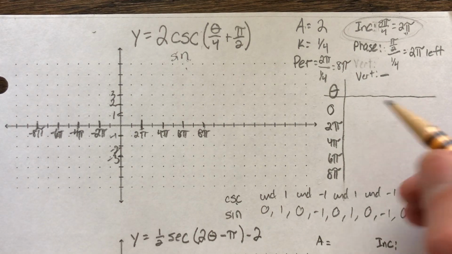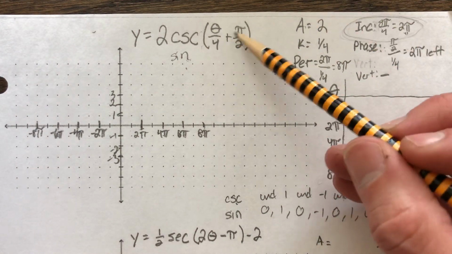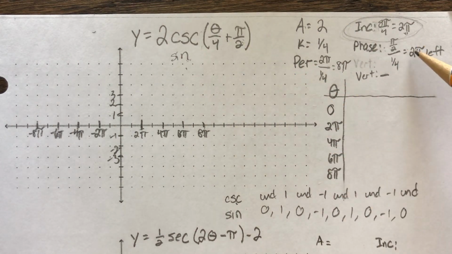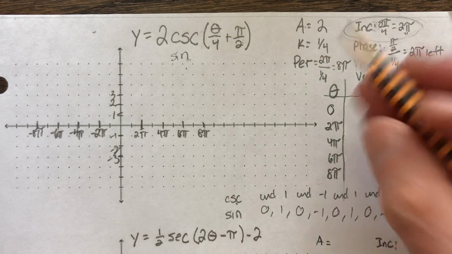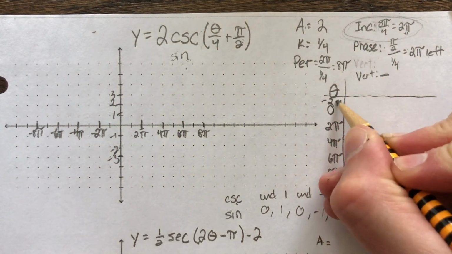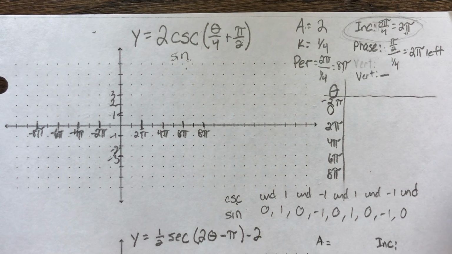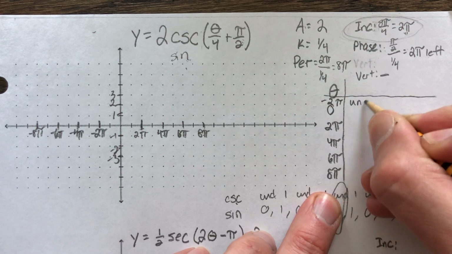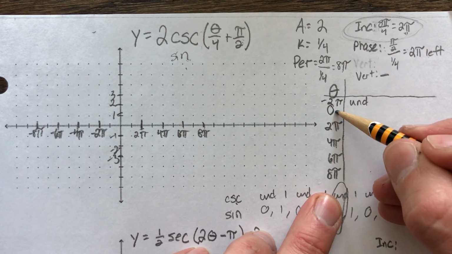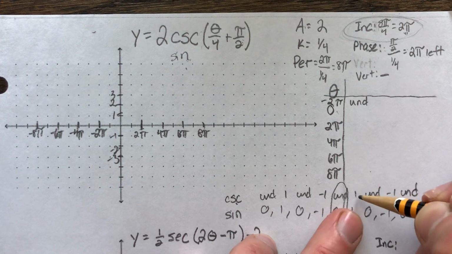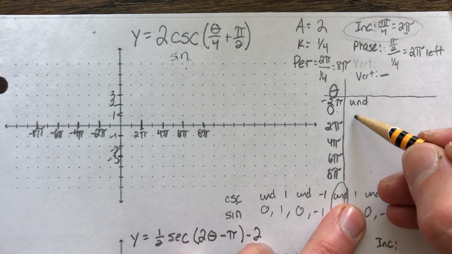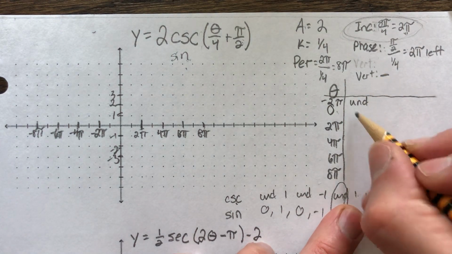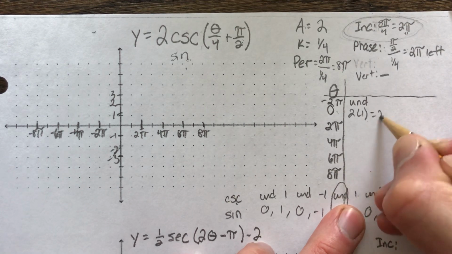Okay, so now you're plugging in our phase shift. We're going left 2 pi, so -2 pi should be our first value that we plug in. And remember, you're starting here in the middle, so that's going to be undefined. Then at 0, you're going to be plugging in the 1, so 2 times 1 is 2.